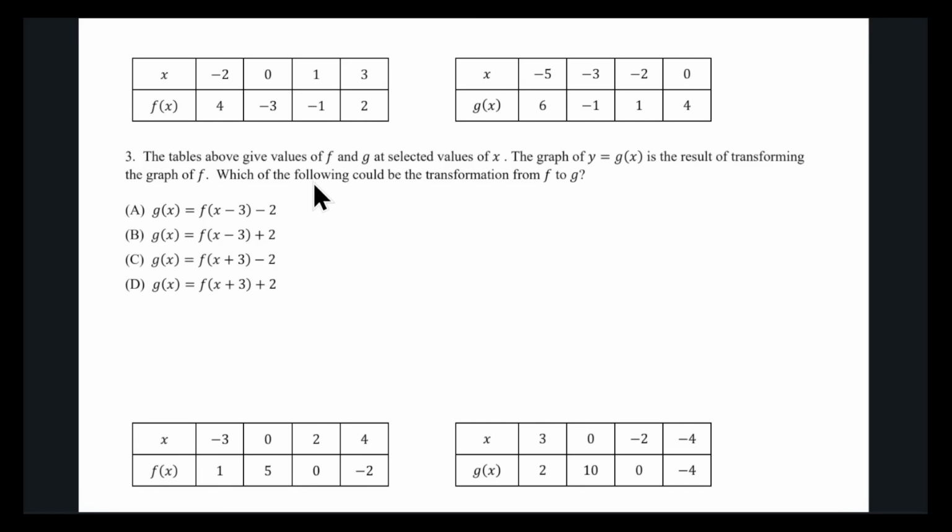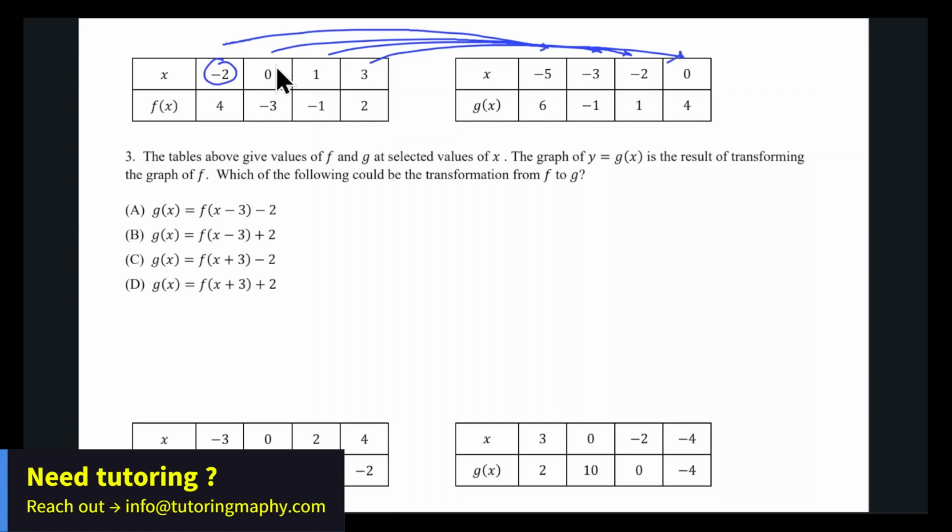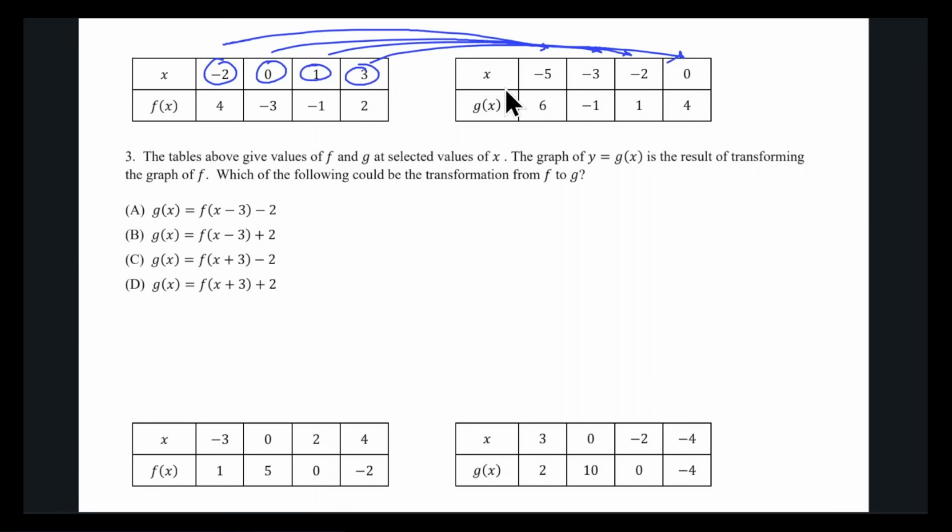Okay. Here we are given a table, and which of the following transformations will transform f to g? So if we want to go from -2 to -5, or 0 to -3, or 1 to -2, or 3 to 0, I think we are going 3 units to the left because if you subtract 3 from all these points, you're going to get all the points of the other table.